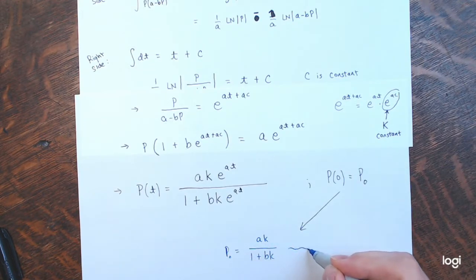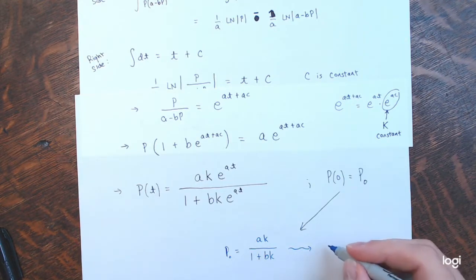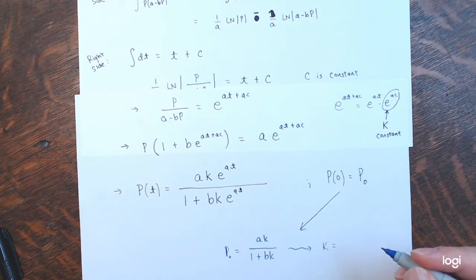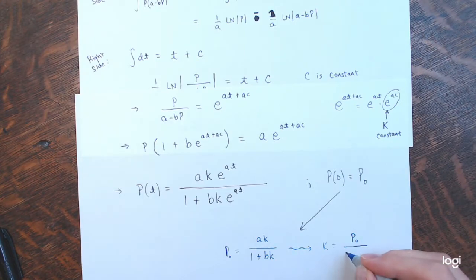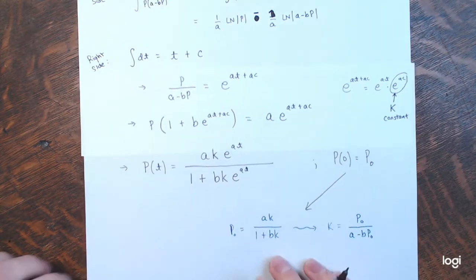And then again, saving some time here, if you were to go through and try solving for k, you'd end up with k equals p sub 0 divided by a minus b p sub 0. So I'm going to put that in to get a more full model.